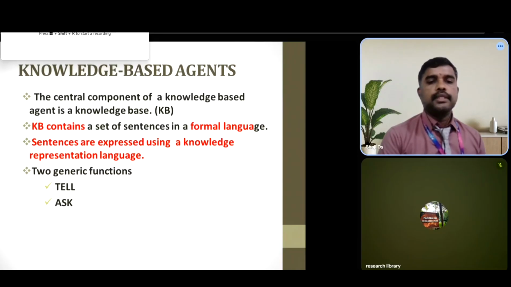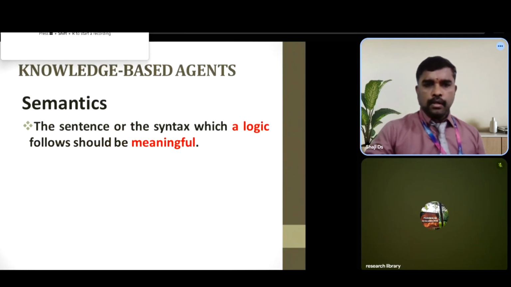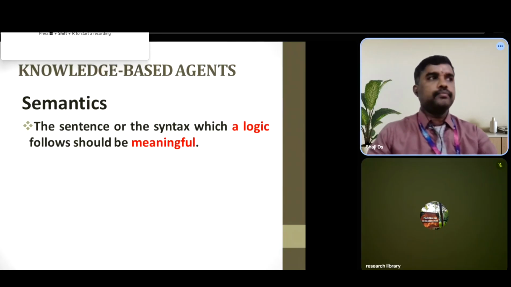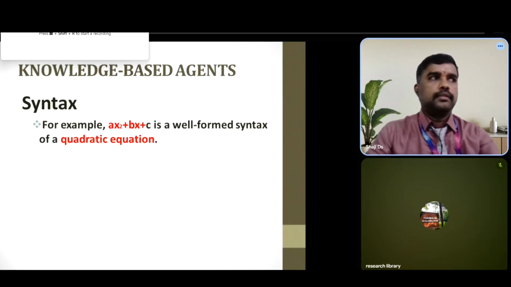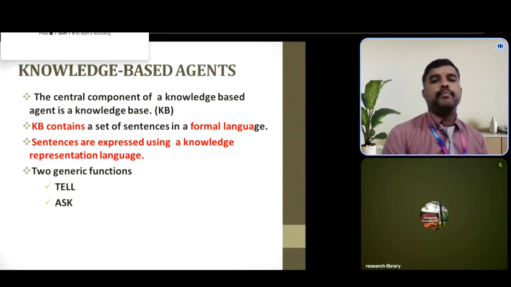Next, knowledge. What is logic? Logic is the key behind any knowledge.